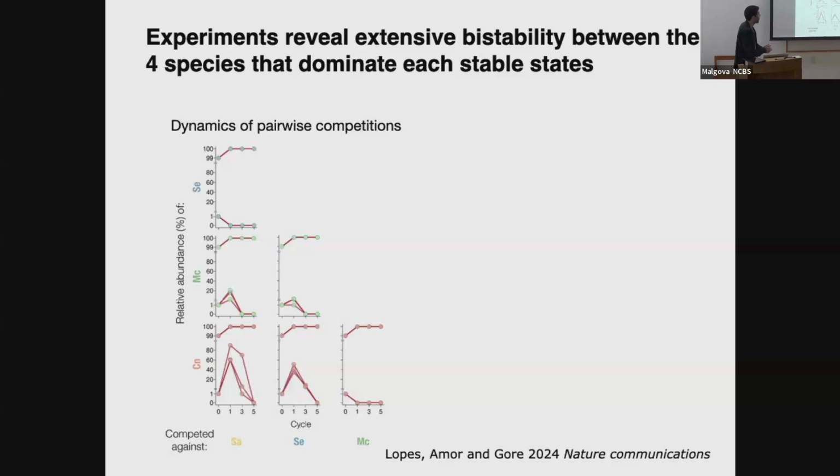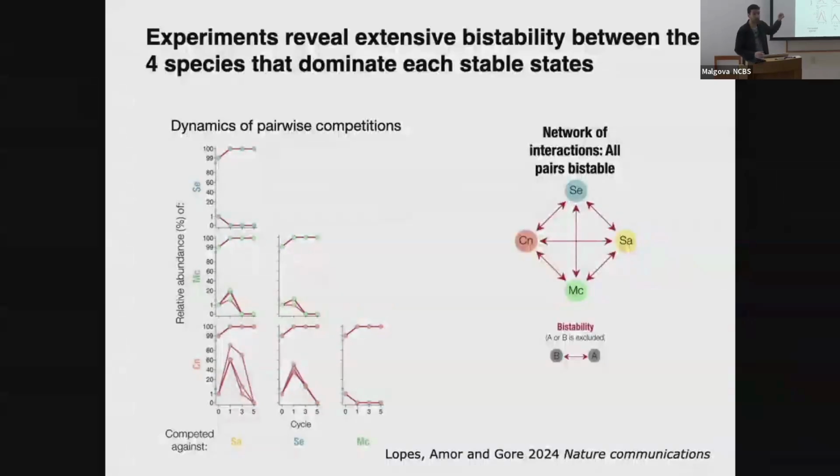So what we have here is a network of interactions between 4 species, and we have bistability between all the pairs, right? So between these two, if you start at a relative abundance anywhere on this line, you will fall into either one winning or the other winning.